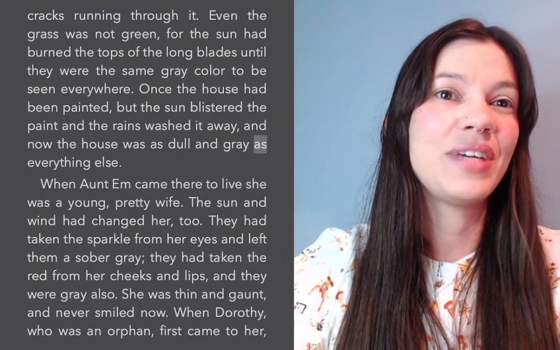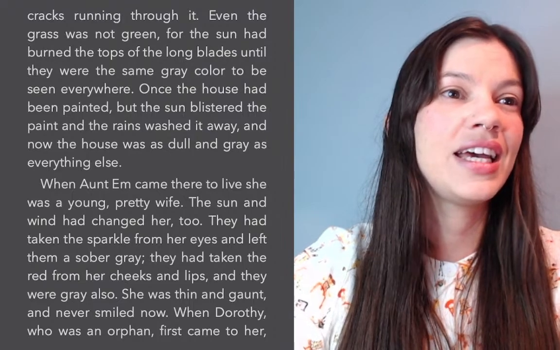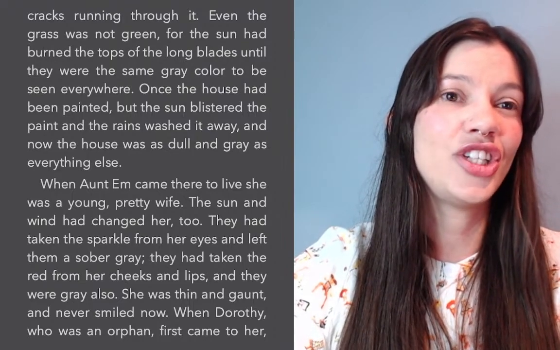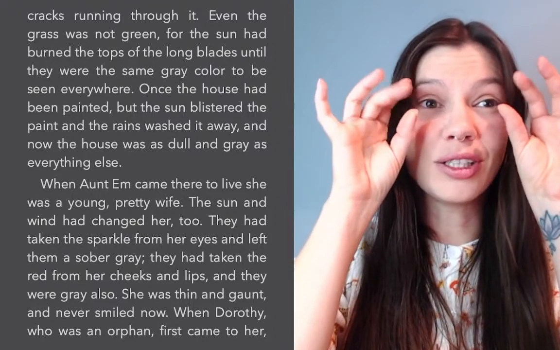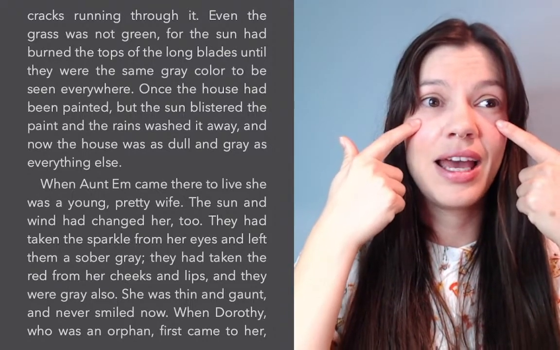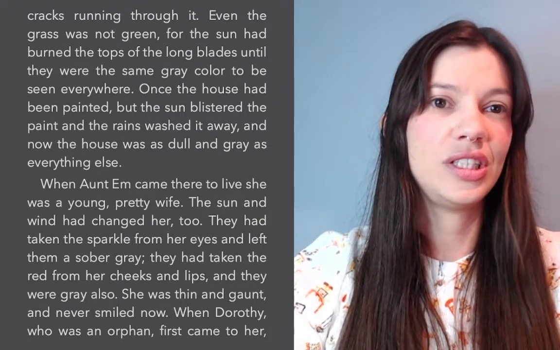When Aunt Em came there to live, she was a young, pretty wife. The sun and wind had changed her too. They had taken the sparkle from her eyes and left them sober and gray. Interesting.